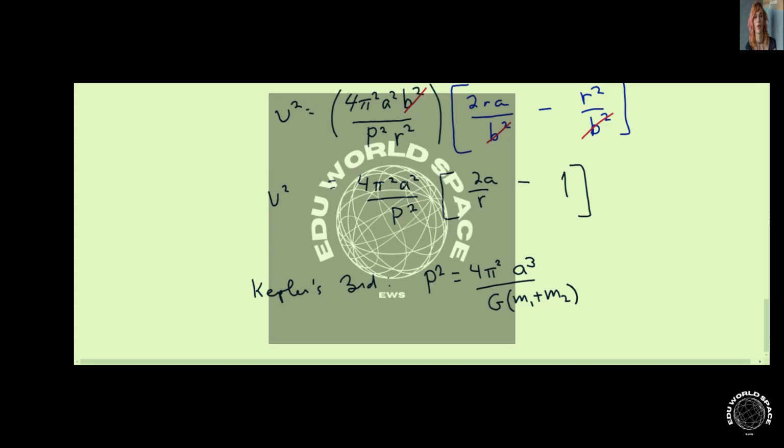Okay, and if we put that into the equation, what we basically find is that v squared reduces to something a little bit simpler.